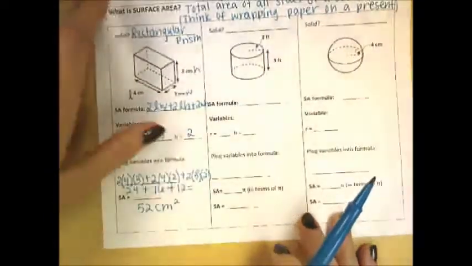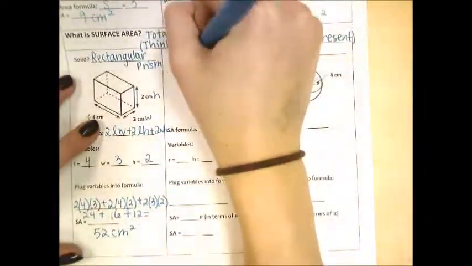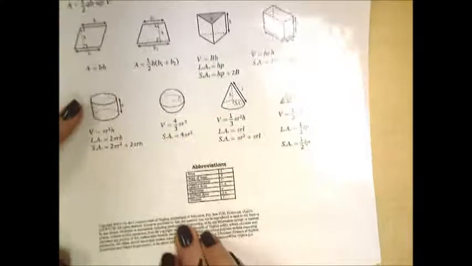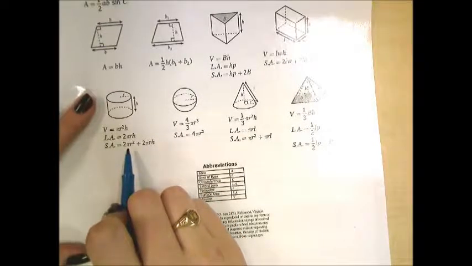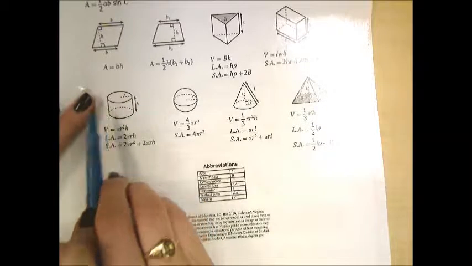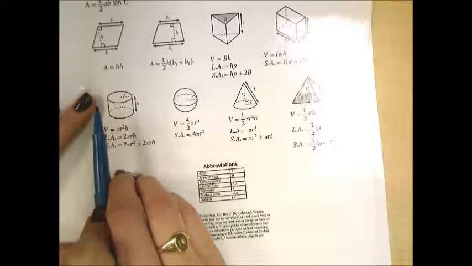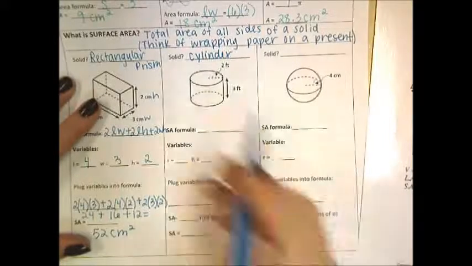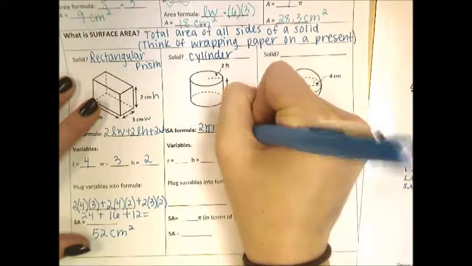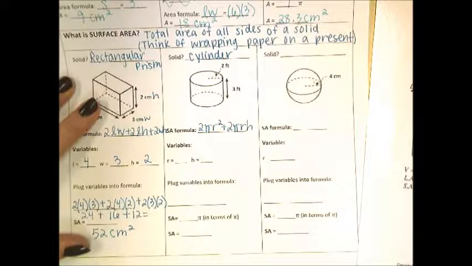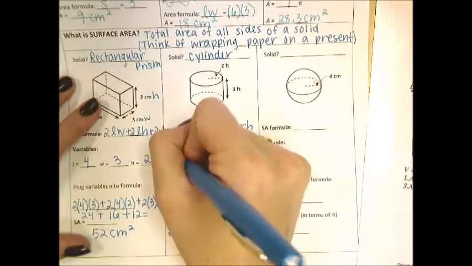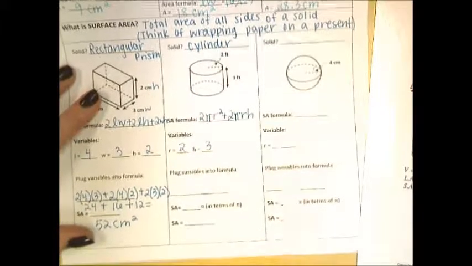Alright, our next solid is our cylinder. So your cylinder's surface area, if we look right here, is kind of like the area of each of these circles plus the area of the around part of the cylinder, like where a label would go on a can. So your formula is 2 pi r squared plus 2 pi r h. So our variables here, we've got our radius is 2 and our height is 3. Now I just have to plug it in.